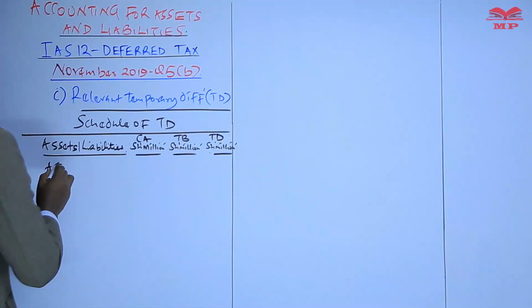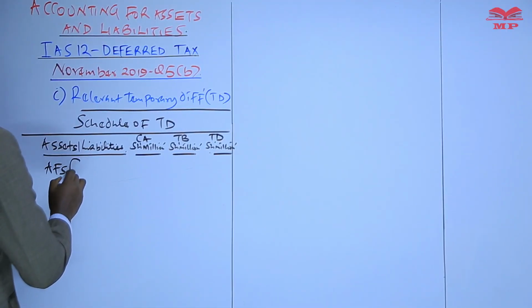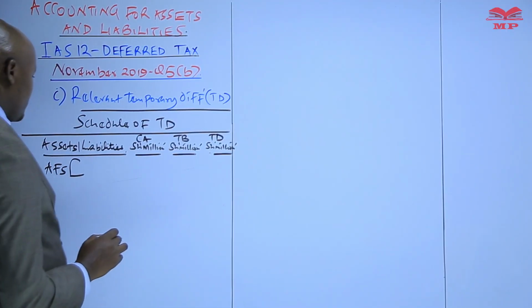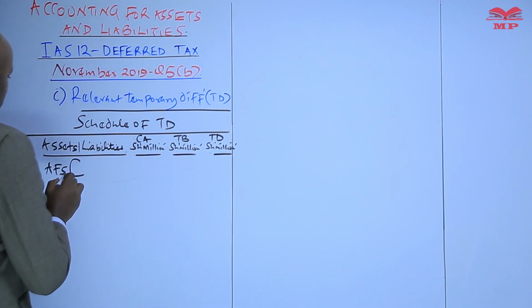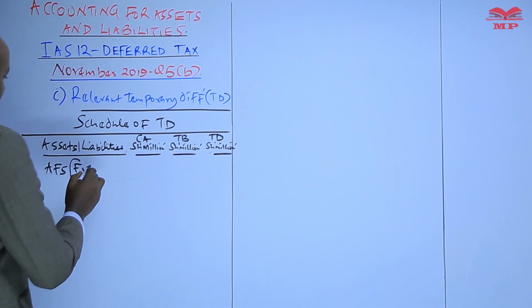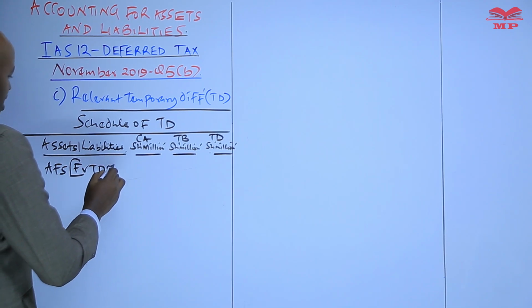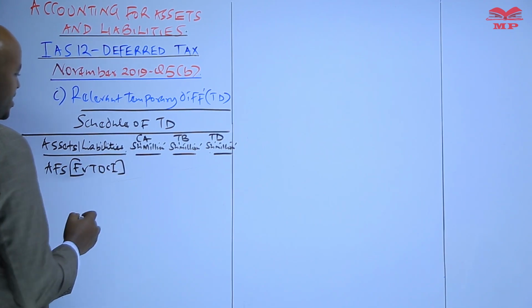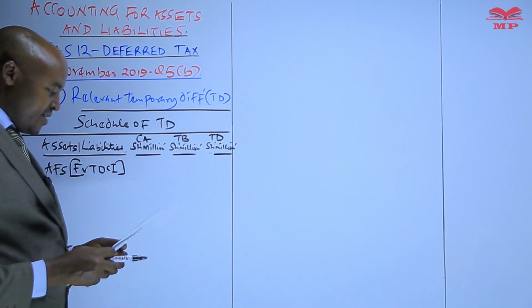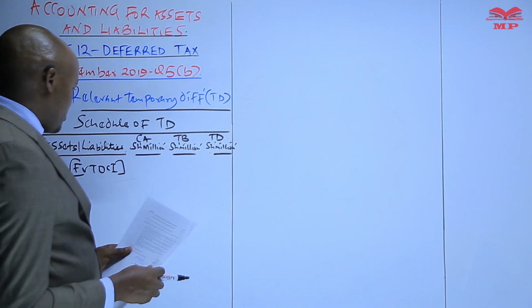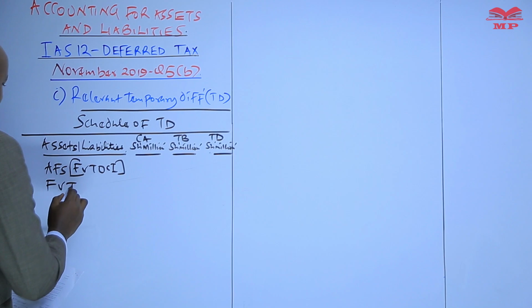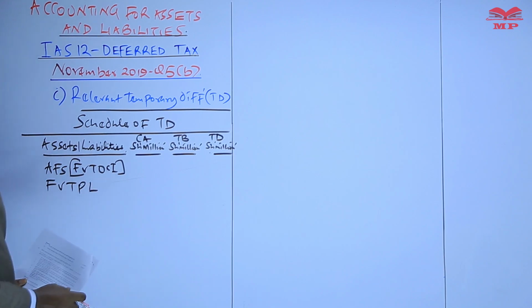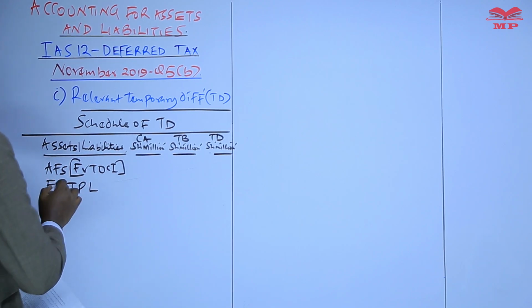We have available for sale financial assets, and currently, in accordance with International Financial Reporting Standard number 9, these financial assets are known as financial assets at fair value through other comprehensive income. But under the repealed standard IAS 39, they were known as available for sale. Also, we are given information about financial asset at fair value through profit and loss, abbreviated as FVTPL.